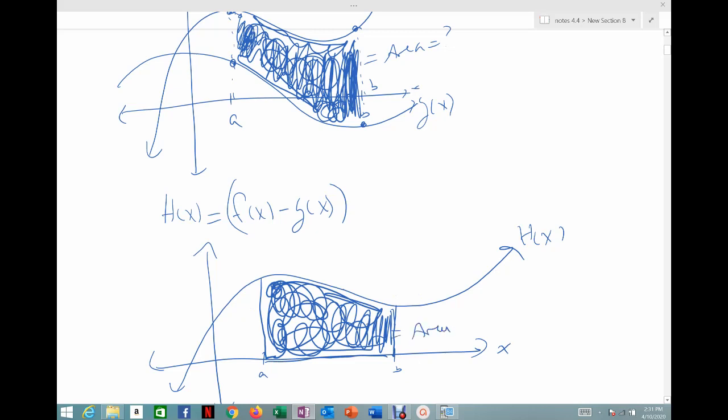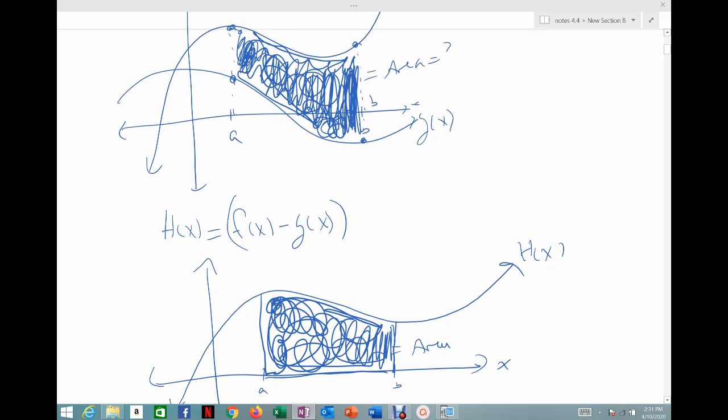And this area, even though it's a different shape, is the exact same as that area. So both of these areas are the same size. This one I can solve with the fundamental theorem of calculus: I can integrate from a to b of h of x.